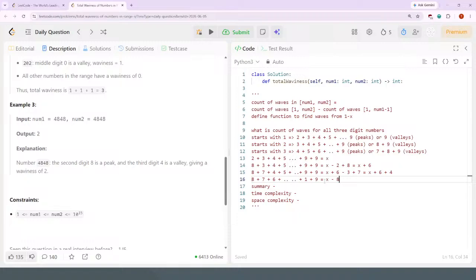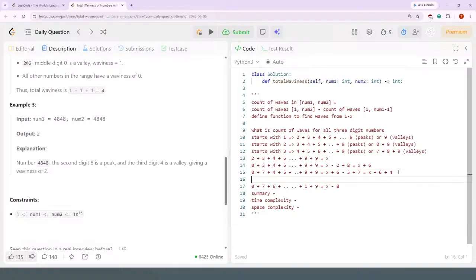X minus 8, huh? Plus 6 plus 4. X plus 6 plus 4 plus 2 plus 0 plus negative 2.